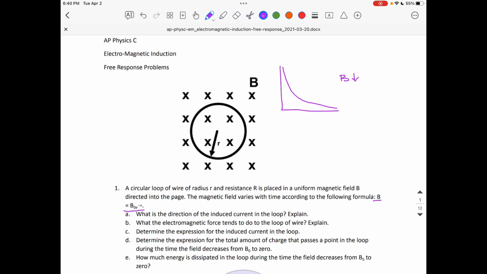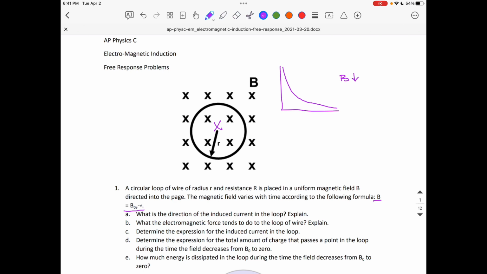So the first thing we are going to do is, because we want the induced magnetic field to also go into the page, so that we're adding magnetic field to the one that's decreasing, then we want to figure out how to create a current within this loop. We're always focused on the magnetic flux, which is the magnetic field within the loop.